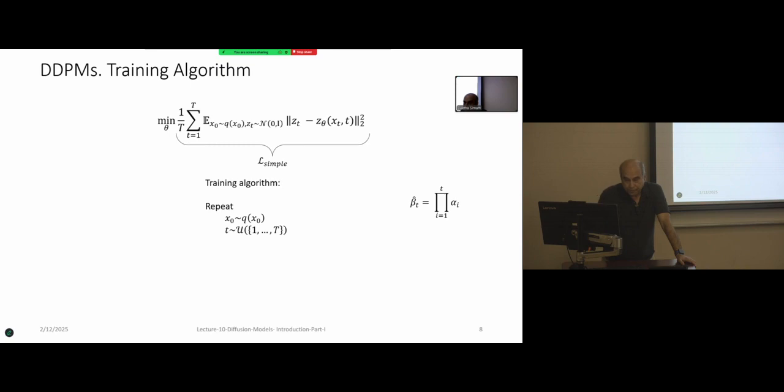Then you sample the noise from the Gaussian distribution with zero mean and identity matrix, and then you add the noise to x0. These beta t and so on are how much noise you are adding, what your schedule is, and so on. Beta is normally less than 1.